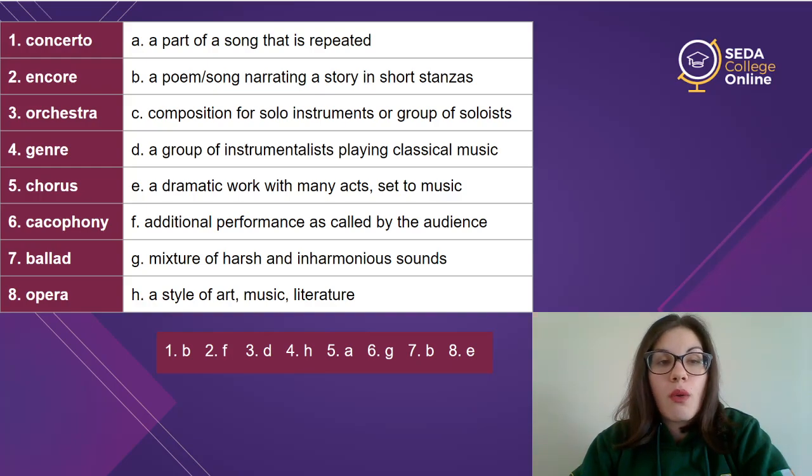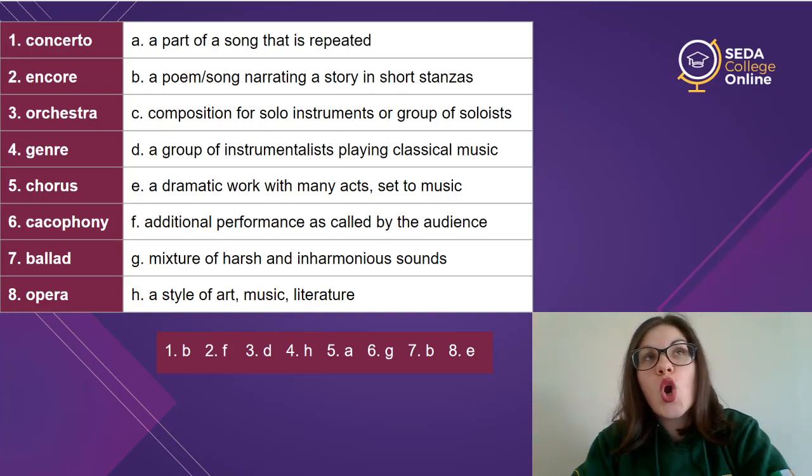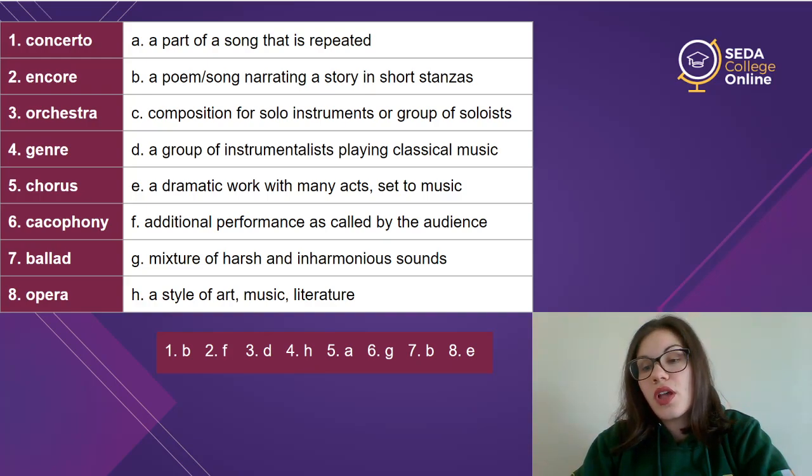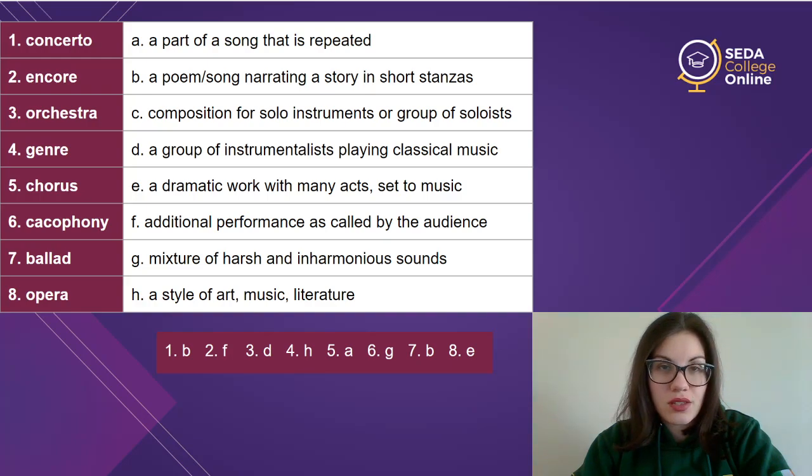It is a poem or song narrating a story in short stanzas. That's the original meaning. Nowadays, we also use it to describe very slow and romantic songs. Okay, but this is not the original meaning of the word. And the last one is the word opera, which is a dramatic work. Imagine something similar to theater, but it is set to music. Okay.